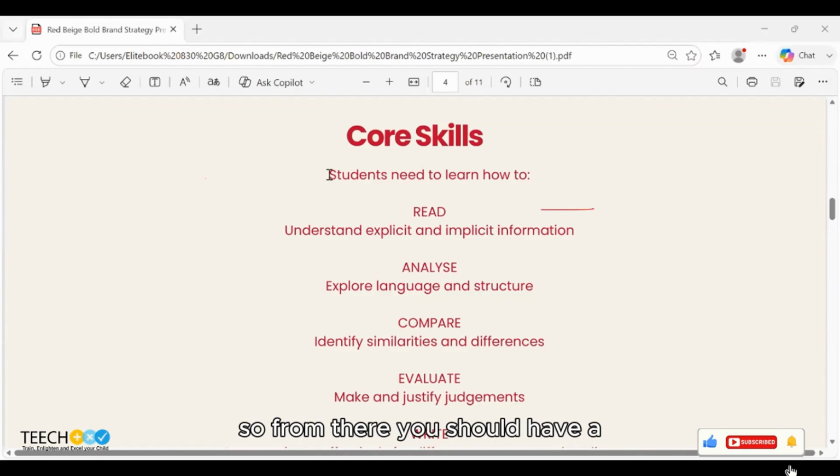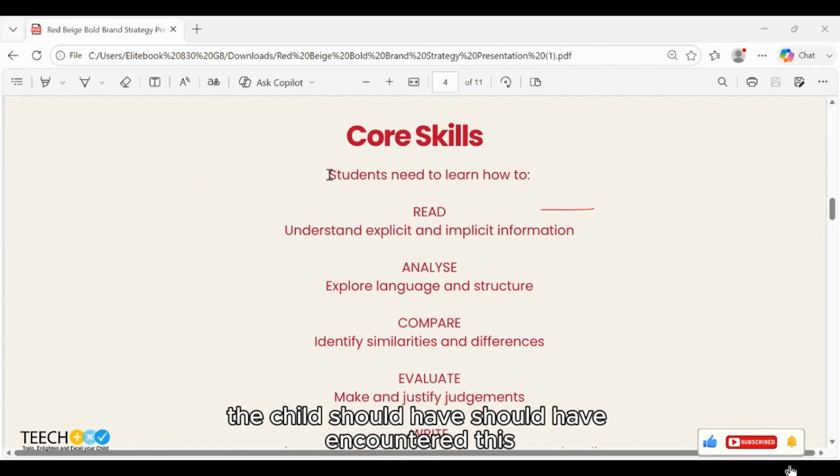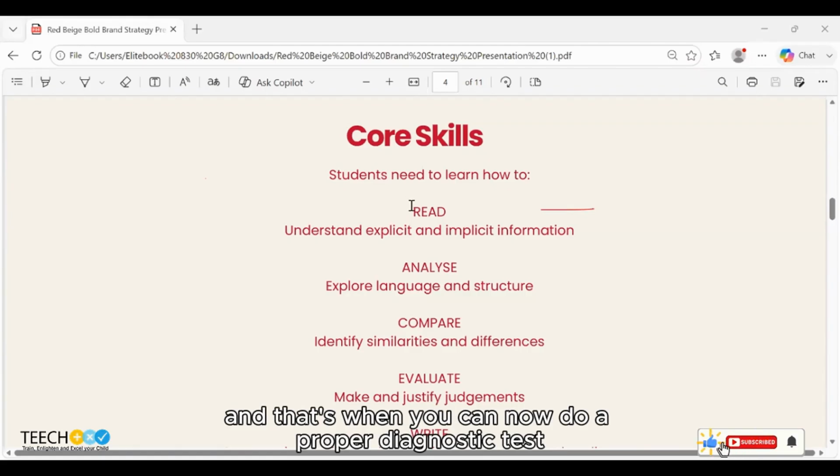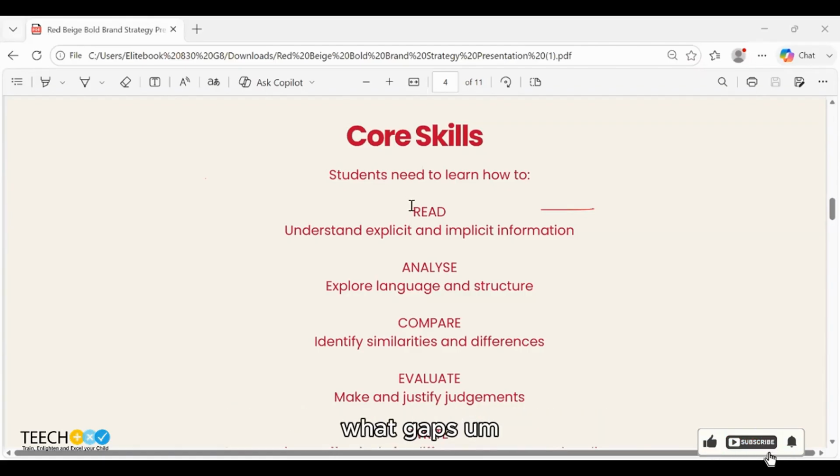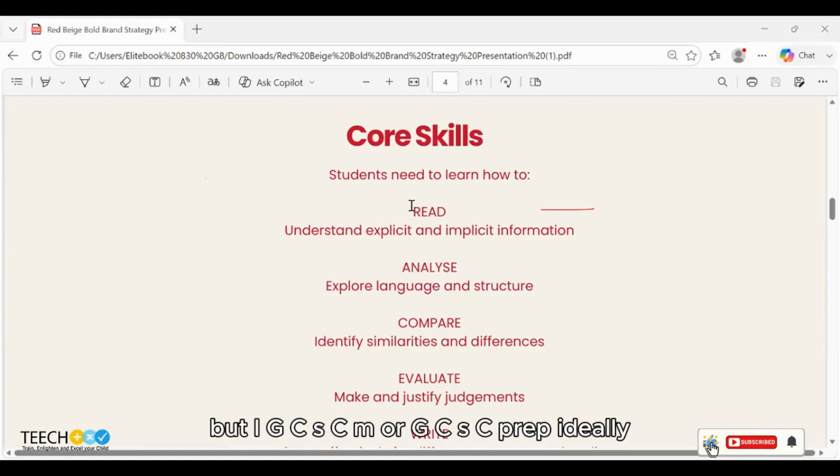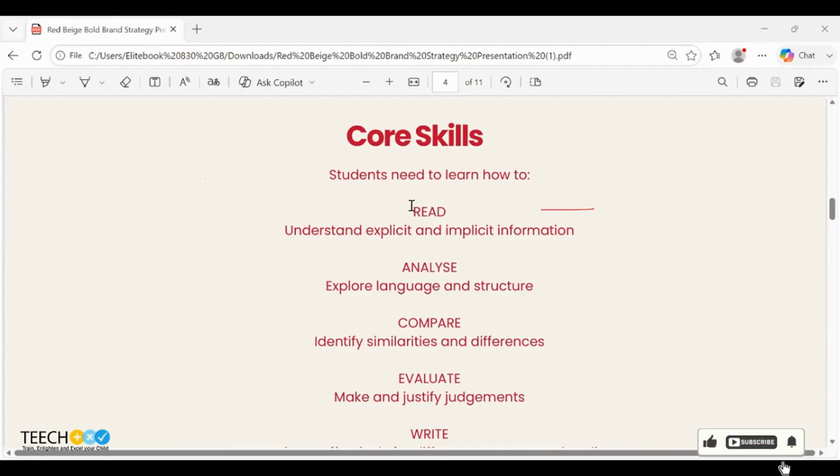So when the child is in year 11, you can make certain assumptions that the child should have encountered this, and that's when you can do a proper diagnostic test to see what gaps there are for you to fill. But IGCSE or GCSE prep, ideally, in my opinion, should start from year 7, but then year 10 is when it actually starts.